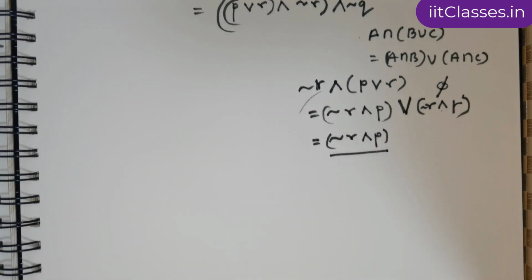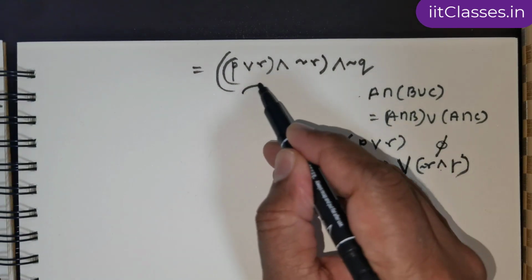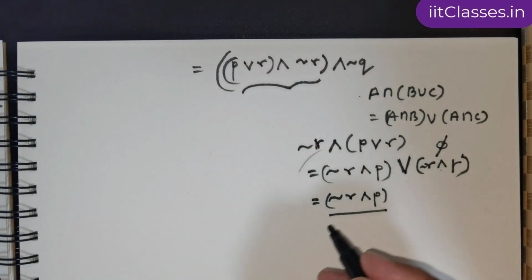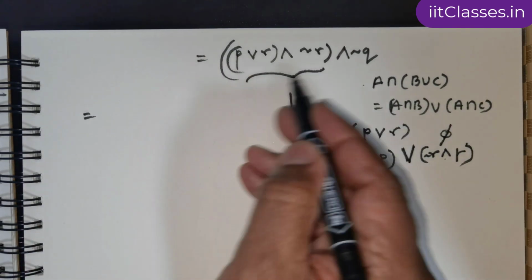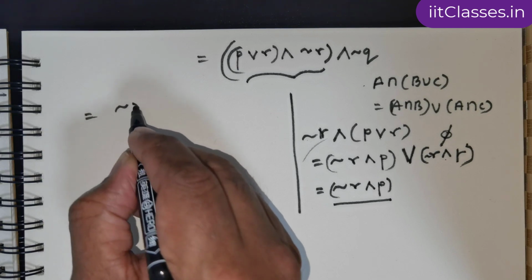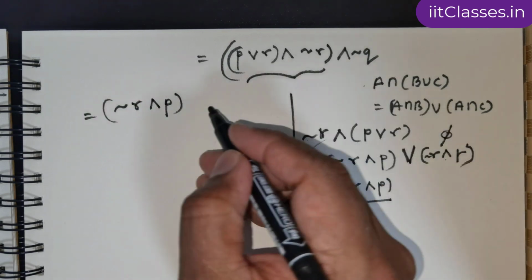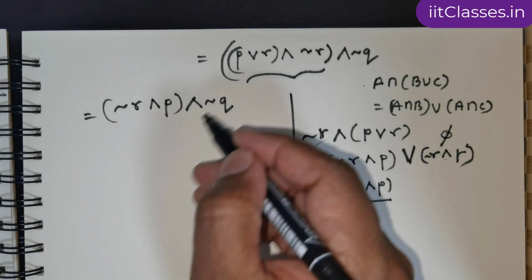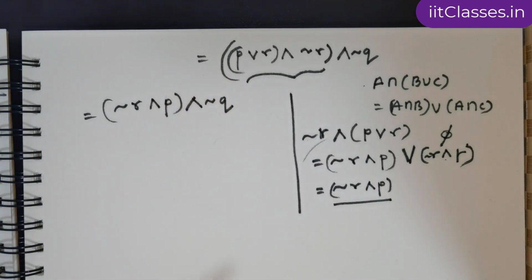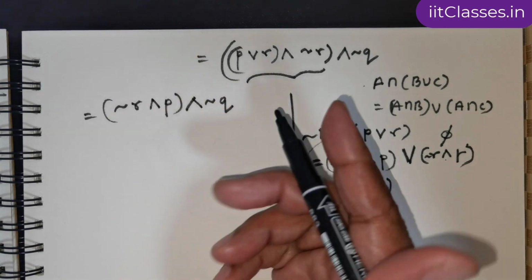Okay, now this is just one part, right? We have just considered this part, but to get the final answer, this part is nothing but negation of R conjunction P followed by conjunction negation of Q. So if you were to write this, you can subsequently rewrite this in the following fashion, right?